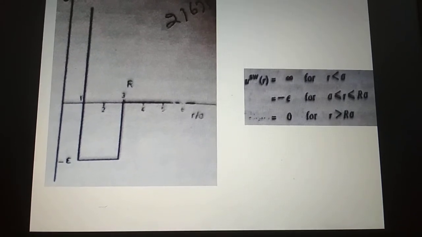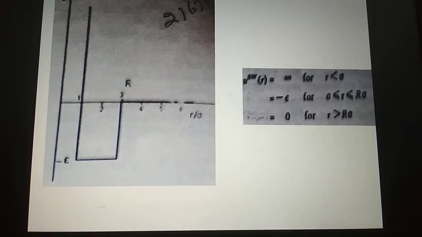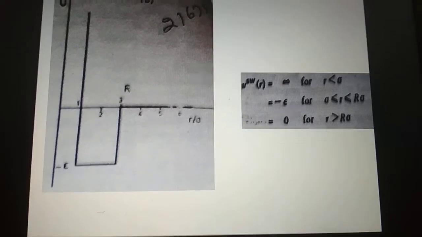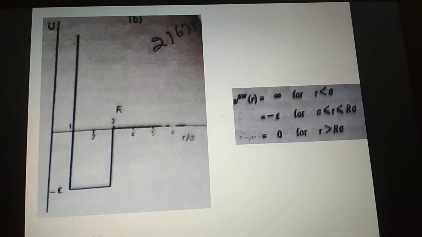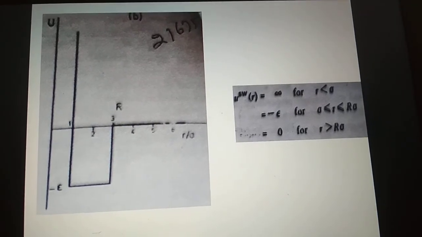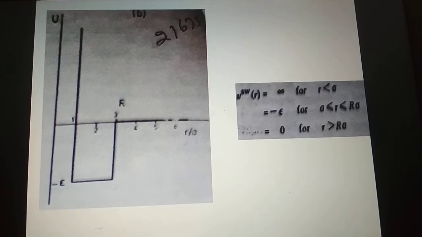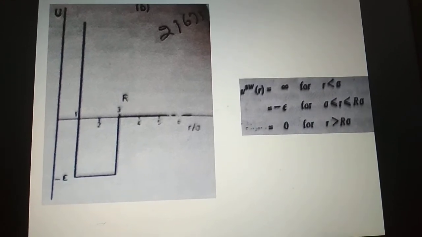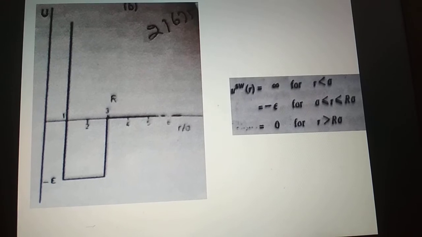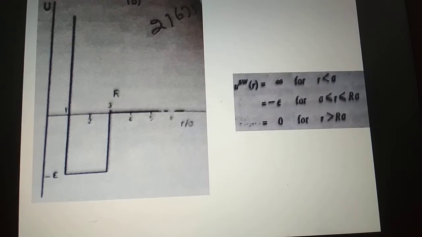This is a three-parameter model: ε, σ and R. It retains the hard sphere repulsive properties but allows the molecules to attract each other with a constant potential energy minus ε when near each other, up to a distance of capital R times σ.